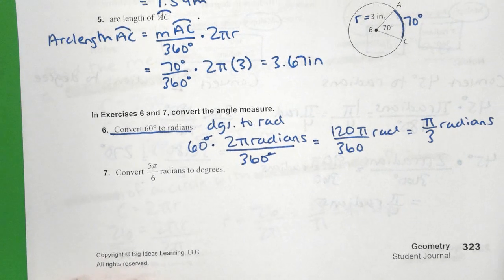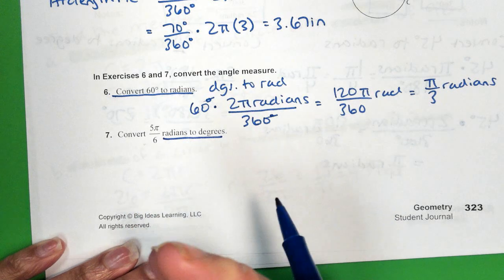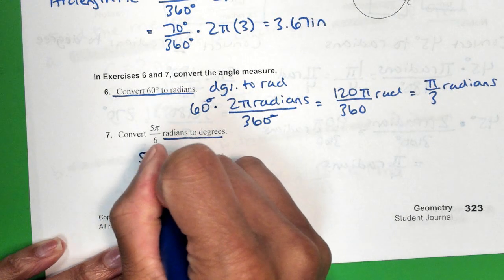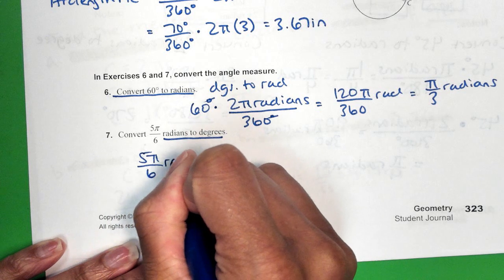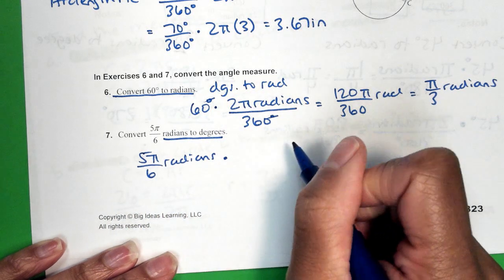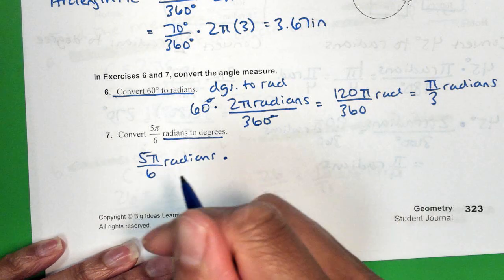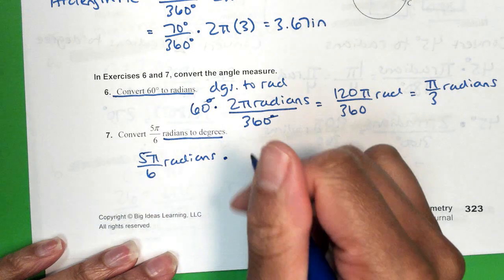Our next one, we're going to do radians to degrees. So this is where we have to go the other direction. So I have 5 pi all over 6 radians multiplied by, you can do 2 pi over 360 or pi over 180. So we're going to do 180 over pi.